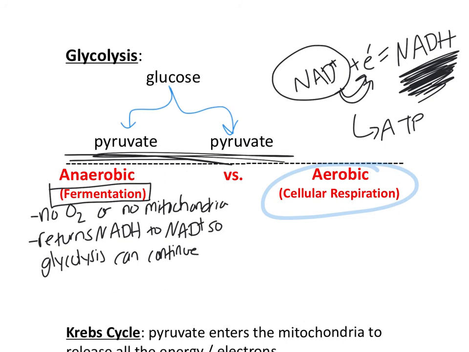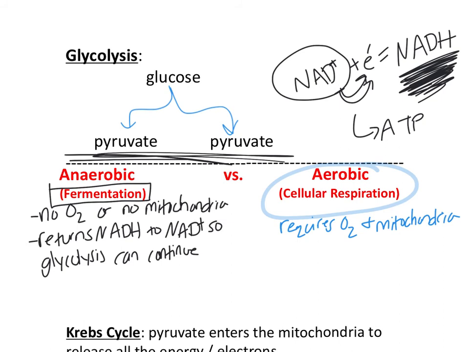The aerobic pathway requires oxygen and it requires a mitochondria, so both need to be there. The benefit of the aerobic pathway is that we can make about 30-ish plus more ATP from that same glucose molecule.